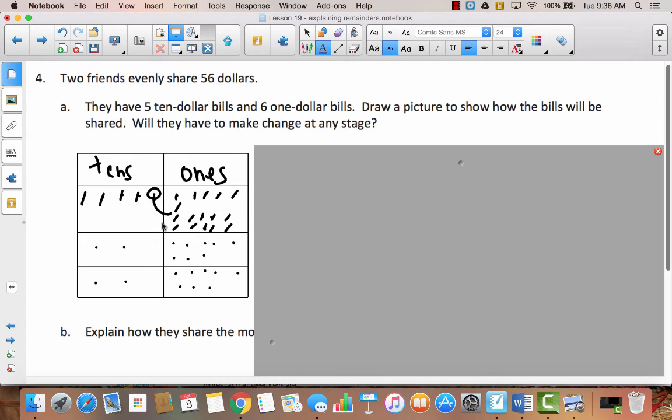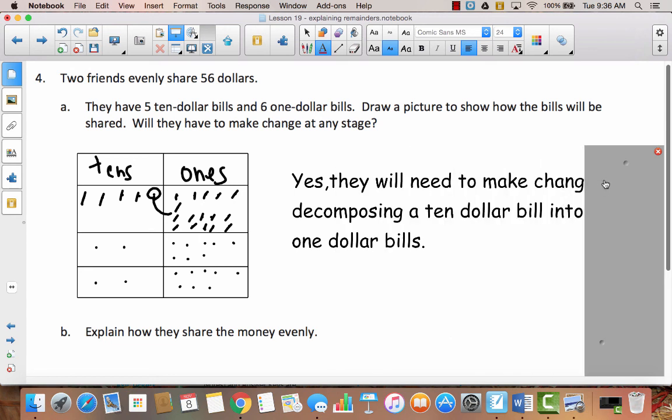After I distributed all 16 ones, I ended up with 2 tens and 8 ones for both friends. It said, will you have to make change at any stage? And I typed this: Yes, they will need to make change by decomposing a $10 bill into 10 $1 bills. When we had this 1 ten as a remainder, they had to make change for that $10 bill.